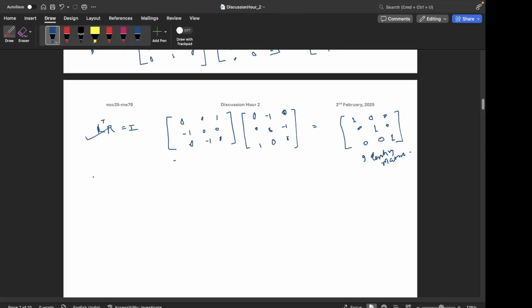Now we had that determinant of R is always plus 1.